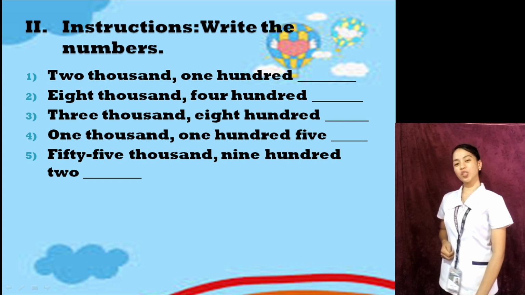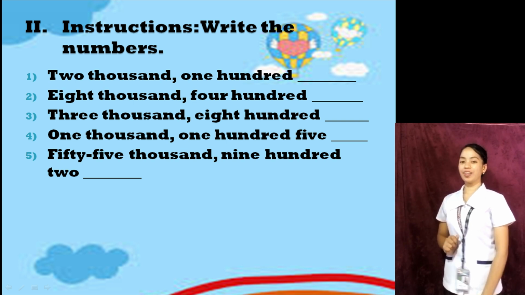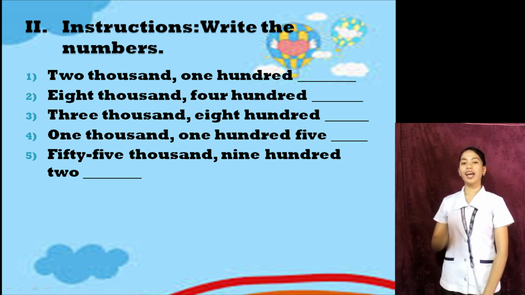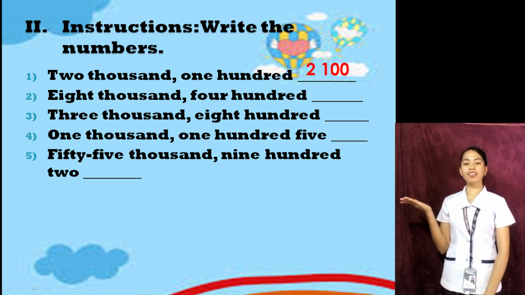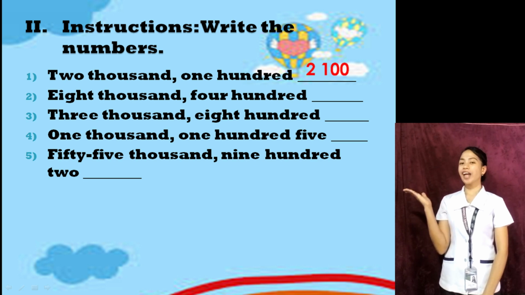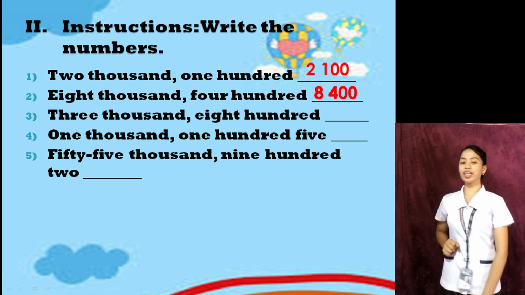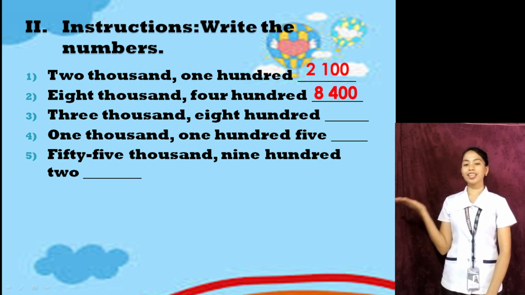And our test 2, write the numbers. And number 1, this is how we write in number. 2,100. Number 2, 8,400. Number 3, 3,800.